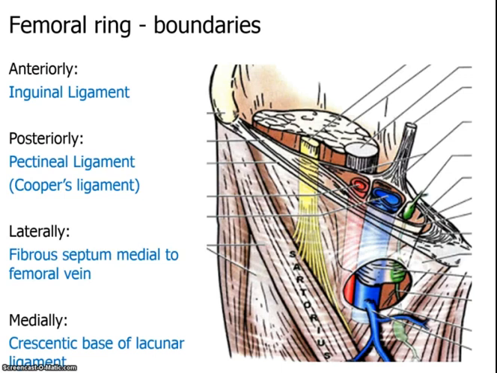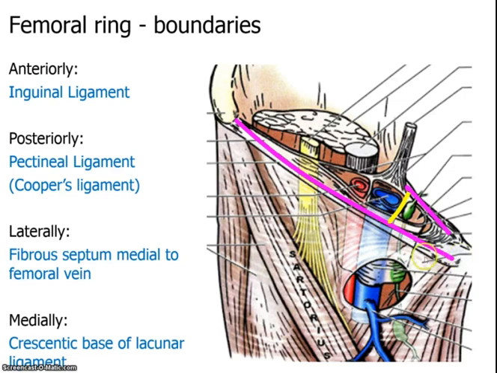Then we talked about the opening of the femoral canal, the upper opening of the femoral canal. We said it is called the femoral ring, and in this slide you can see the inguinal ligament in this pink colored line, and behind this is the pectineal ligament, and this is the femoral ring.